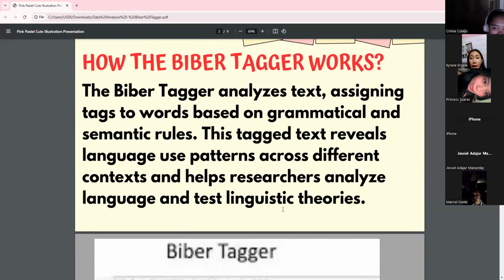The tagger analyzes text, assigning tags to words based on grammatical and semantic rules. These tags reveal language use patterns across different contexts and help researchers analyze language and test linguistic theories.